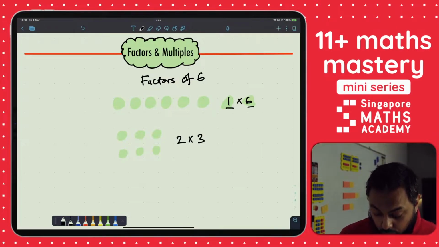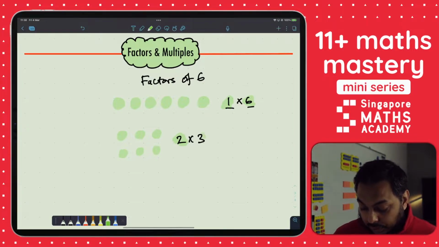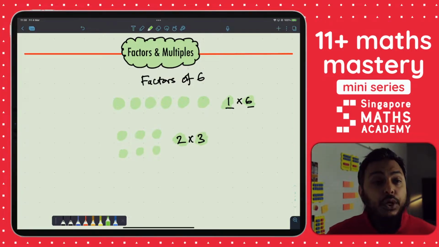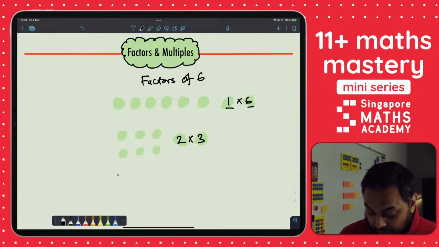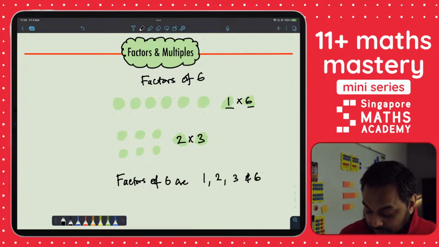So we know that 2 and 3 are factors of 6, because you can divide 6 by 2 and 3 and not leave any remainders. It would be exact. So factors of 6 are 1, 2, 3, and 6.